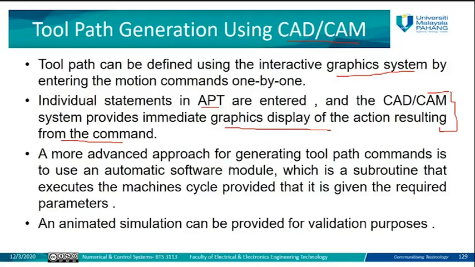Here a more advanced approach for generating toolpaths is used, because we are using automatic software models. We said the CAD/CAM system will support automatic selection of the tool, so there is no need to define first what tool needs to be used.